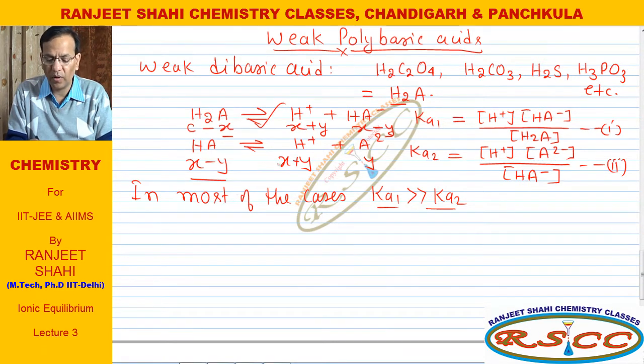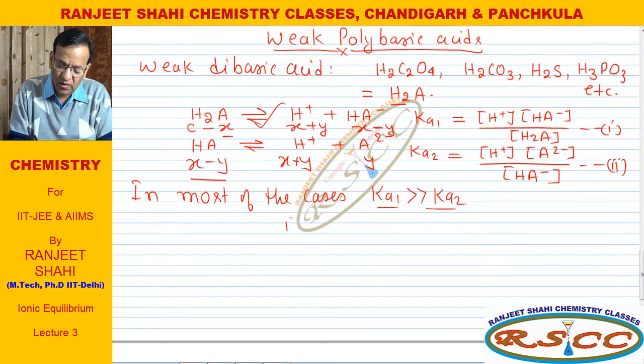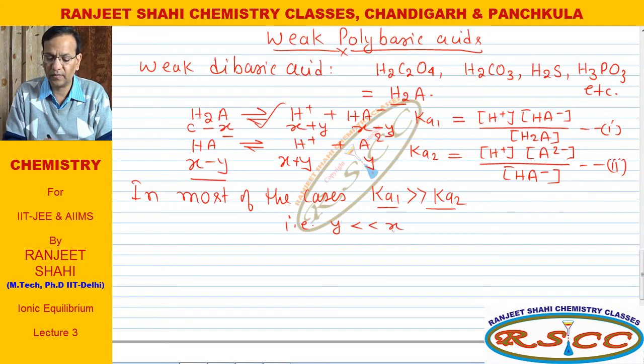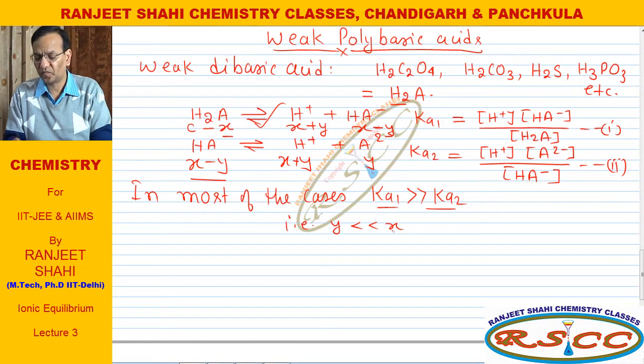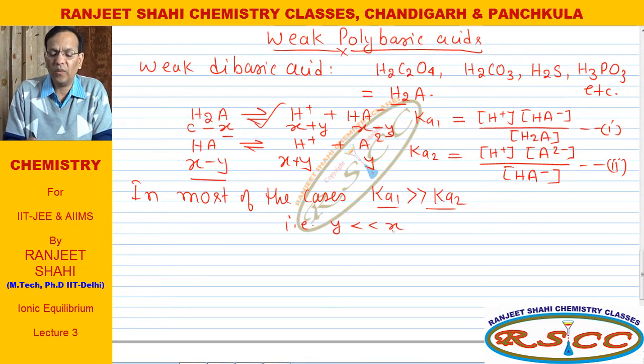The second equilibrium will not contribute significantly to the concentration of hydrogen ion, or we can say that y will be much smaller than x. If that is the case, then for calculation we can assume it like a monobasic acid, in which the second ionization is insignificant.